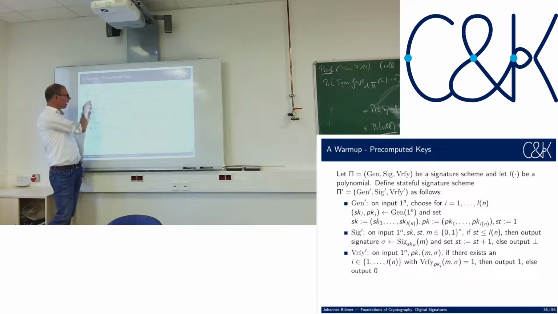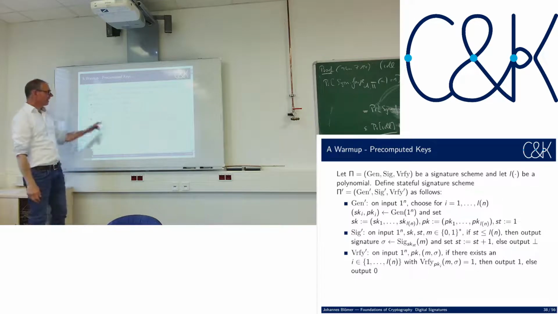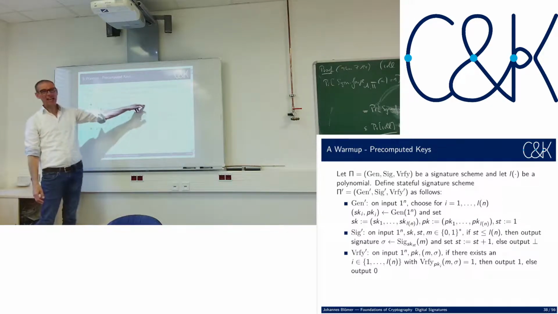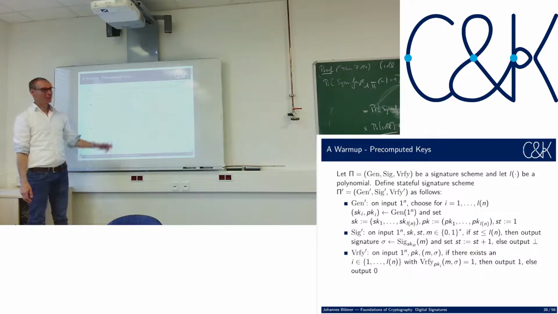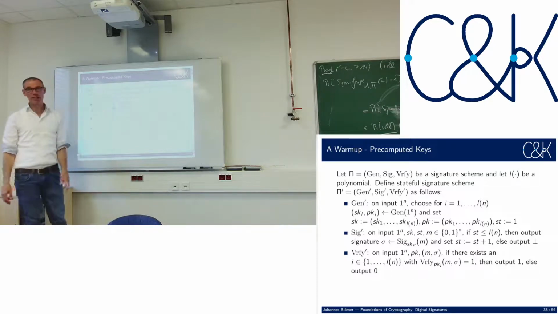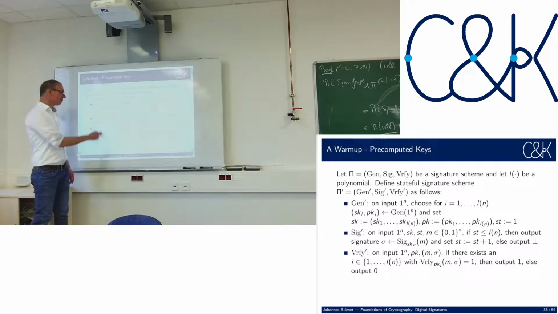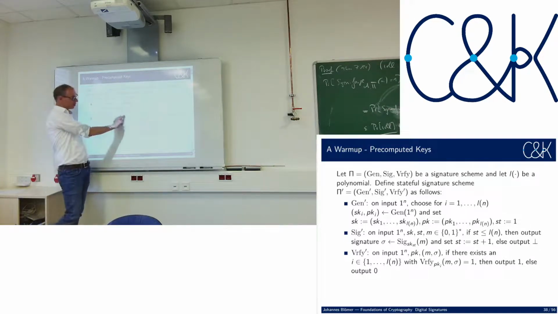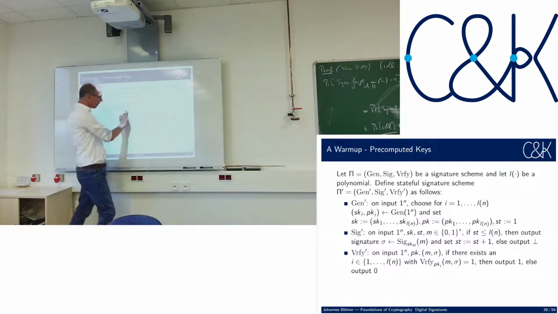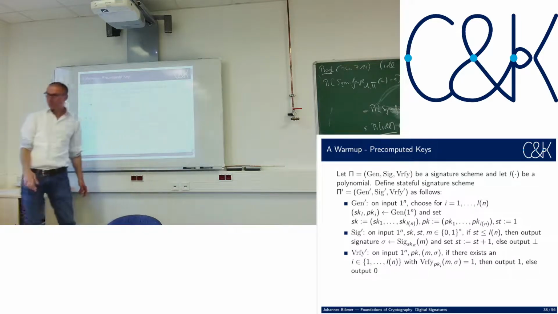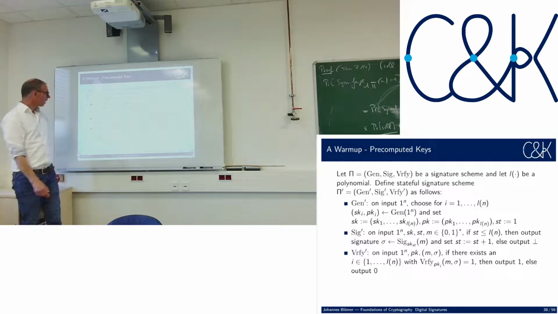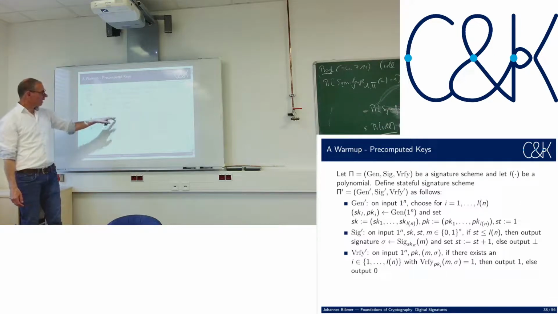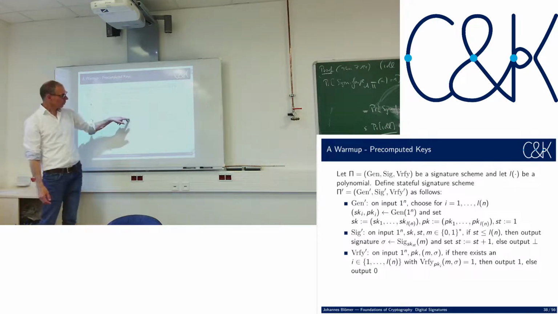The new scheme, pi prime, simply generates L of n many key pairs using the key generation here. And then the secret key now consists of the sequence of secret keys, and the public key consists of the sequence of public keys.